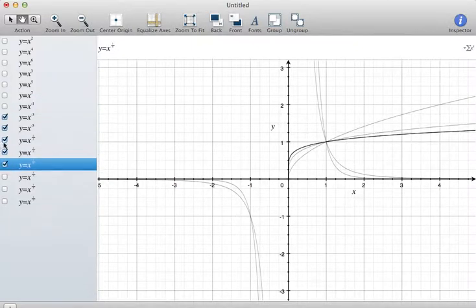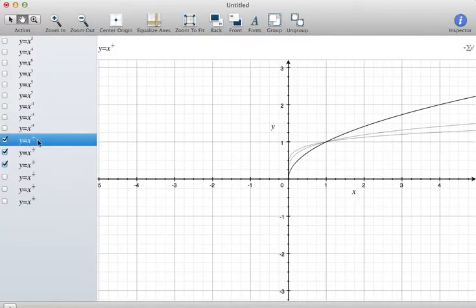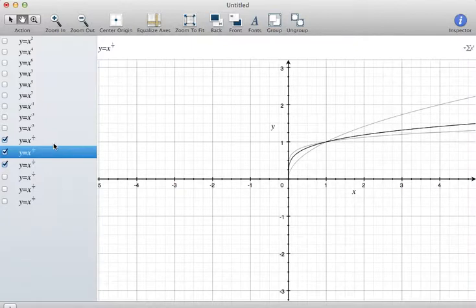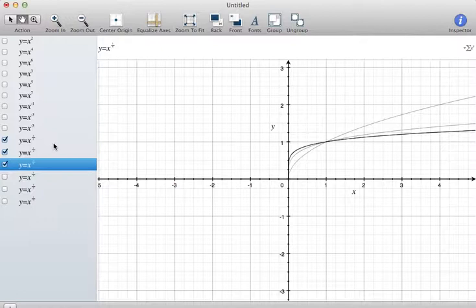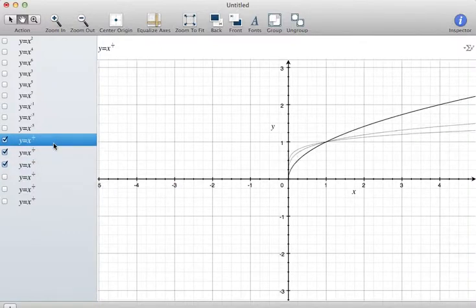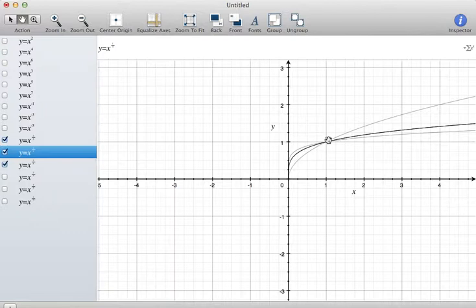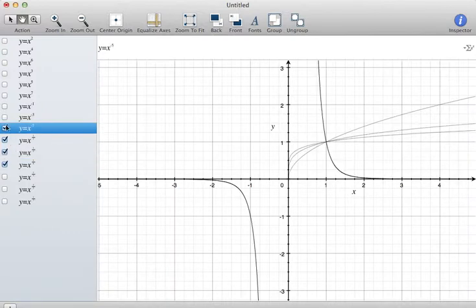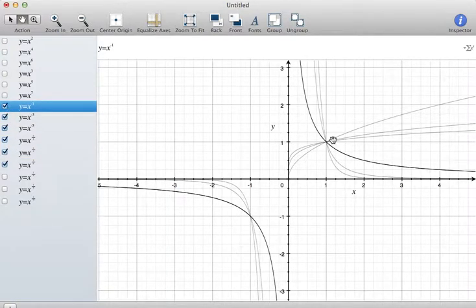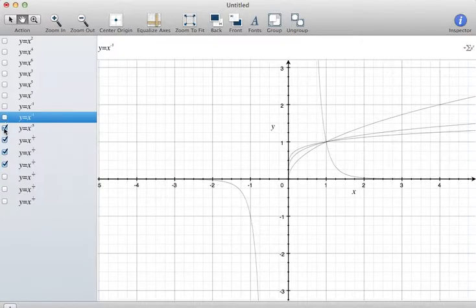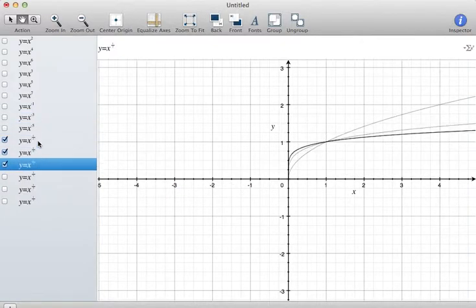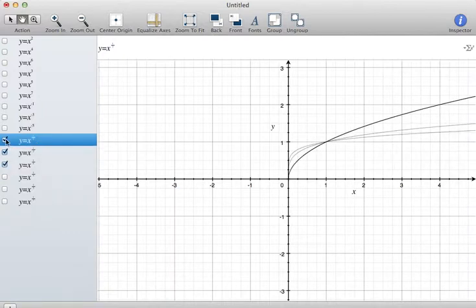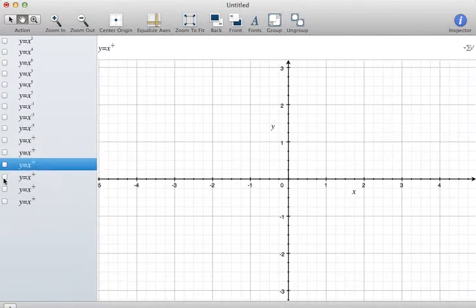Let me now graph x to the 1/2, x to the 1/4, and x to the 1/6, even fraction exponents of x. They all intersect at (1, 1). Same with the reciprocal functions, (1, 1) and (negative 1, negative 1) for them. But with the even roots, they only intersect at (1, 1). They're not defined elsewhere.